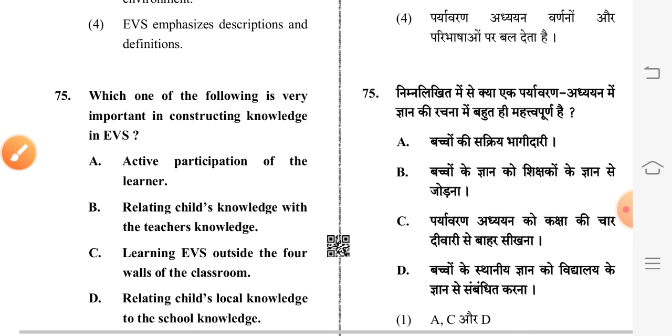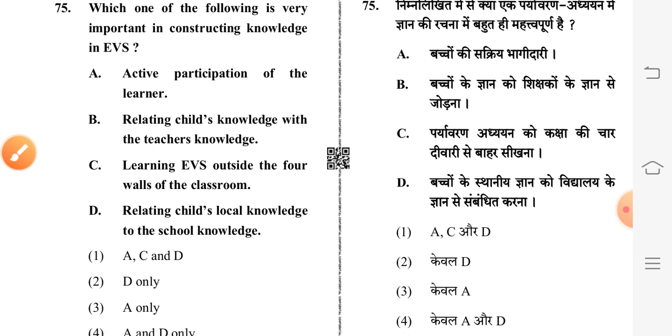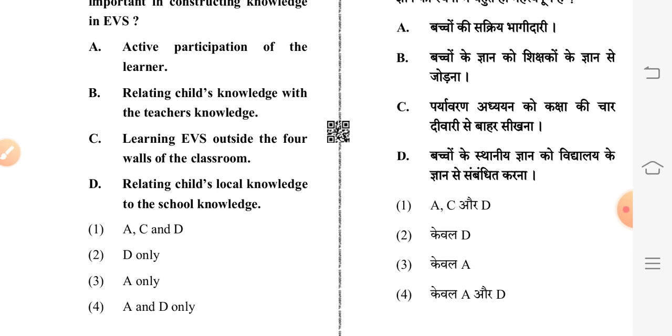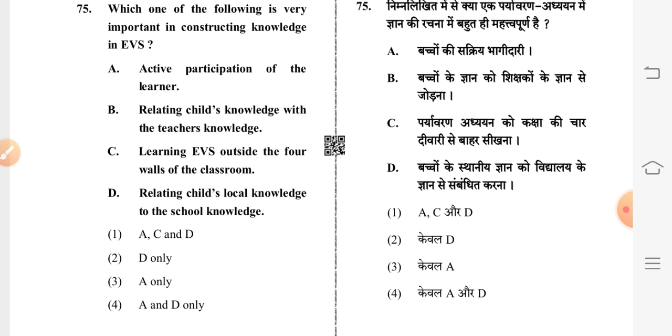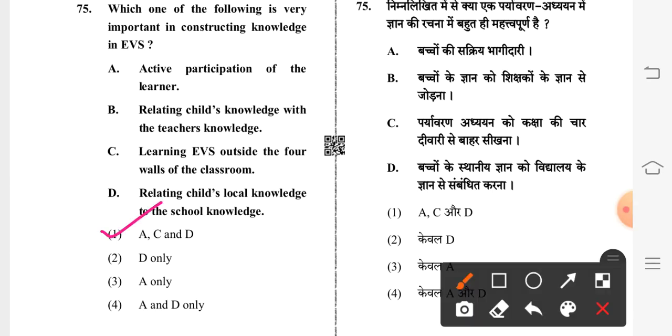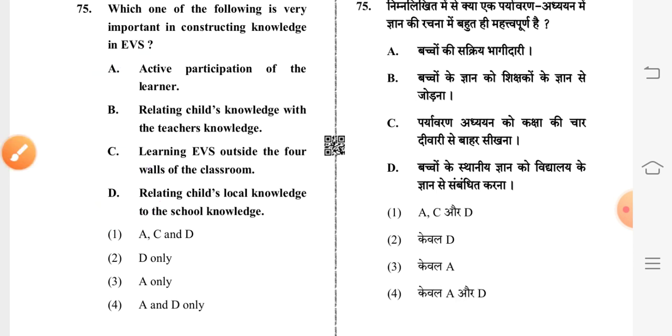Next question 75. Which of the following is very important in constructing knowledge in EVS? Correct option is 1. That means A, C, D. Next question number 76.